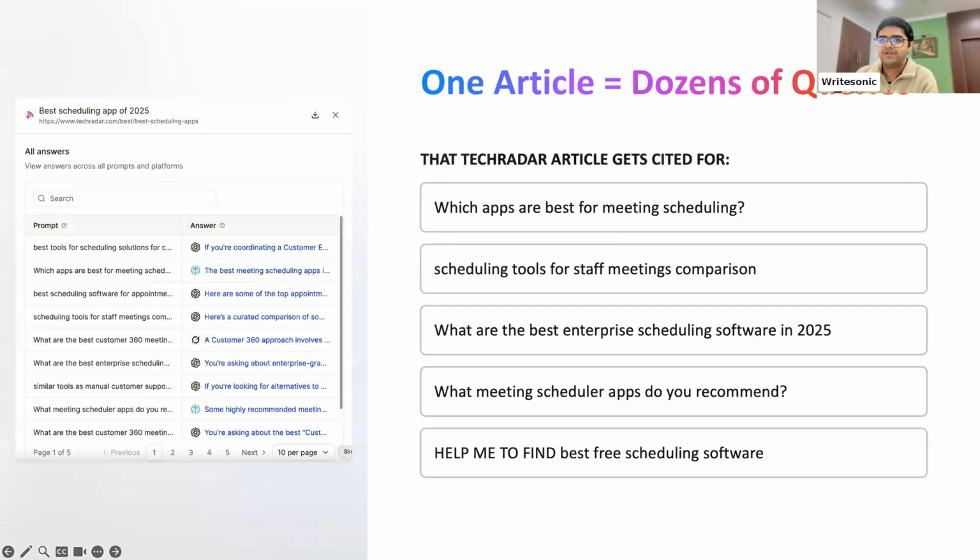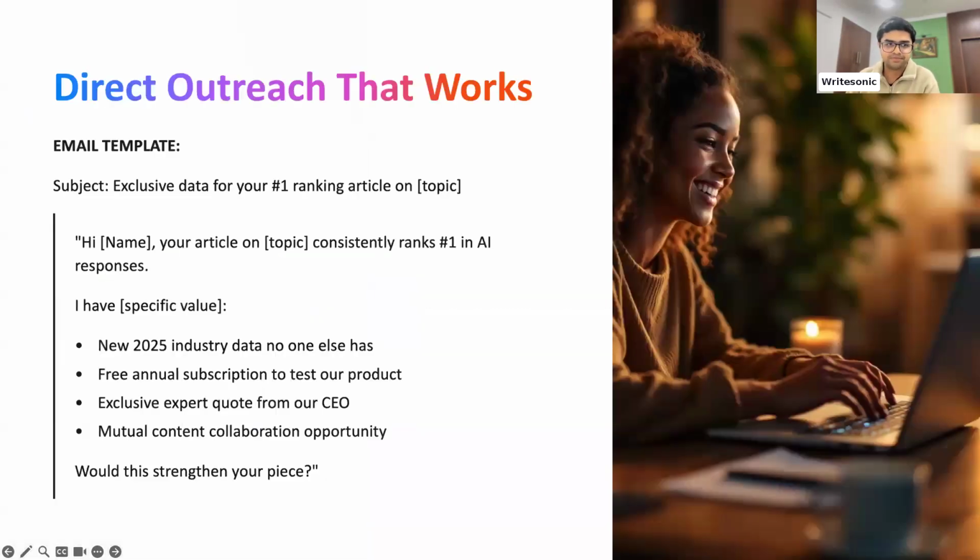Now, if you see, there's so many diverse prompts where this page is being cited. It's not just being cited for best scheduling apps. It is also being cited for all of these different queries, which are relevant, but very diverse. It's not the exact match keyword. It's similar intent, but different kinds of prompts. So if you see all of these different kinds of queries, that same article is being cited for them.